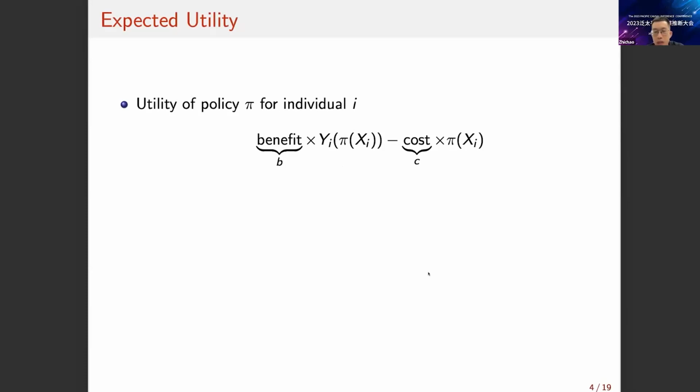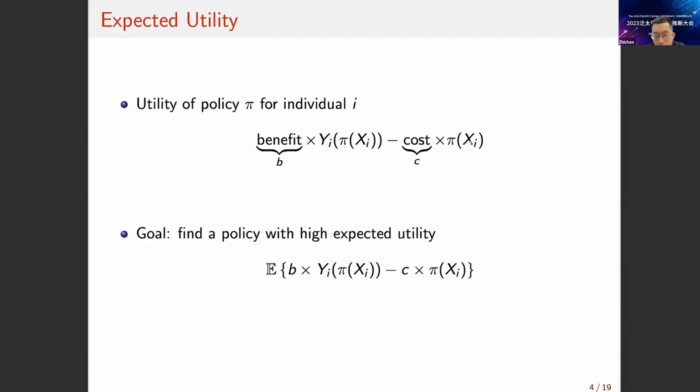For example, if the policy assigns a patient to take the treatment, then pi of x equals 1. If the patient survives under that treatment, then the potential outcome Y of 1 also equals 1. Then we have the benefit of saving the person minus the cost of the drug, and the final utility is b minus c. Different values of b and c will lead to different utility functions.